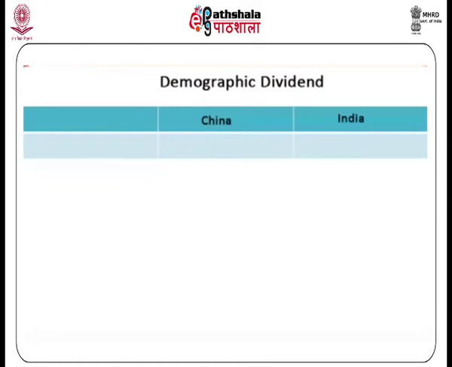China's economy has been enjoying a demographic dividend, growing at an annual average of 11.2% between 2004 and 2009 in real terms, higher than 8.1% in India.